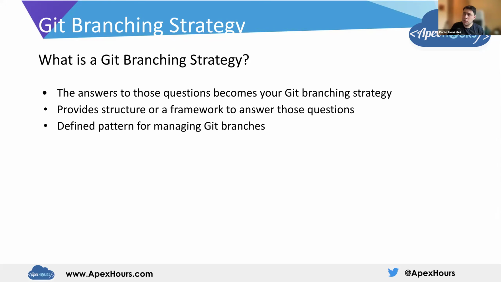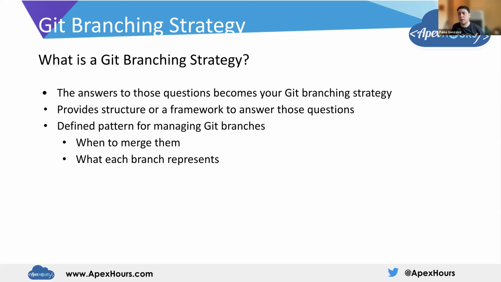We can also think about a Git branching strategy as a defined pattern for managing Git branches. It's a pattern that decides when we merge them, what each branch represents, and so on. So rather than trying to answer all these questions ourselves, we can look at a Git branching strategy that already answered these questions for us, and we just need to adopt that.